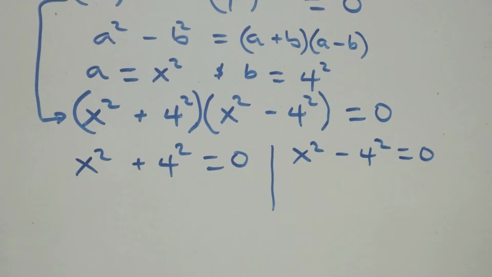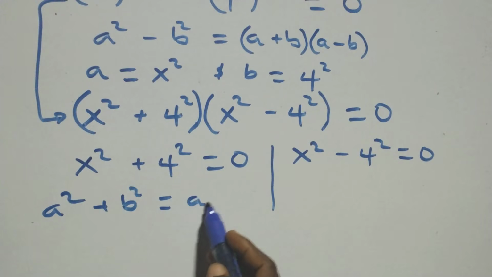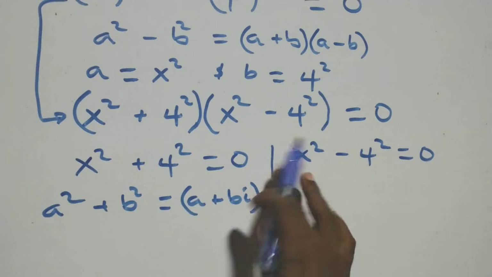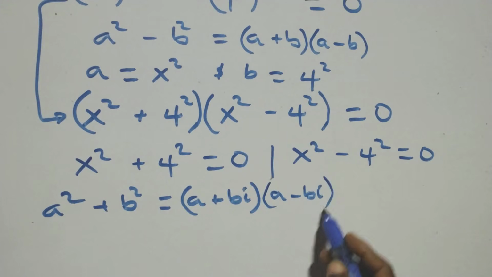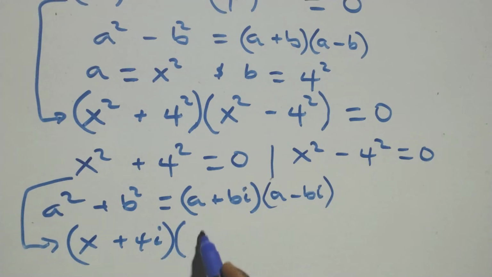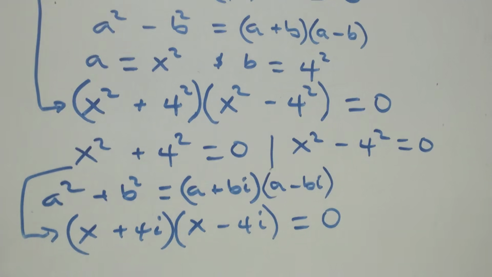Then when we solve on this side, this follows when we have a square plus b square, which is the same thing as a plus bi into bracket, then open bracket, a minus bi. And this here, you can write this as x plus 4i into brackets, open bracket, x minus 4i close bracket, then equals to 0 here.